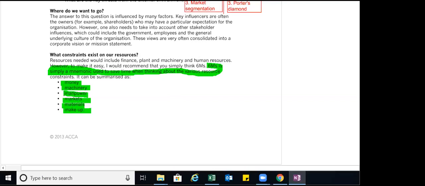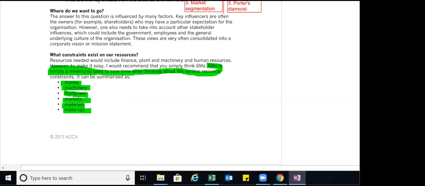Then organizations need to have the right quantity and right quality of manpower, right quality and right quantity of human resources. Then the markets that the organizations are operating in, the customers that they're serving, they're also a resource. Then materials, particularly in manufacturing concerns, materials are quite obvious, but even service industries do need some sorts of materials in order to render the service.